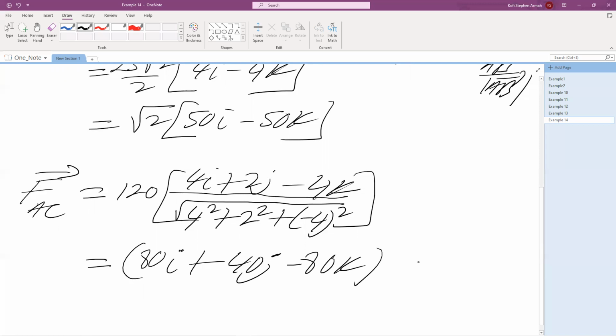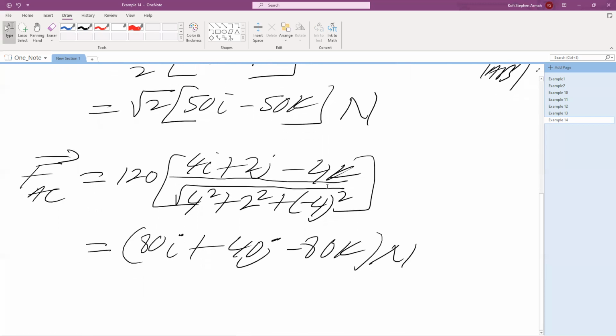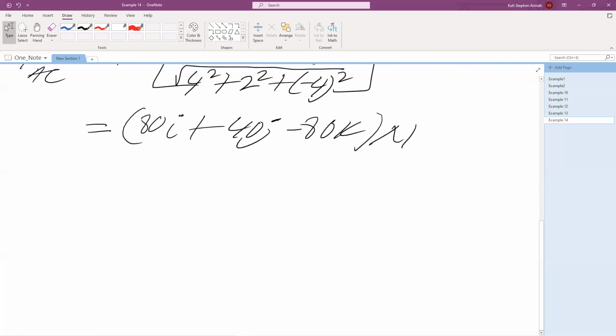Okay, and the unit is in newtons. This is newtons, so I didn't write. This is also newtons. Newtons and then newtons, and then we're going to just add them. Okay, so the resultant. Let's see, this is the resultant.